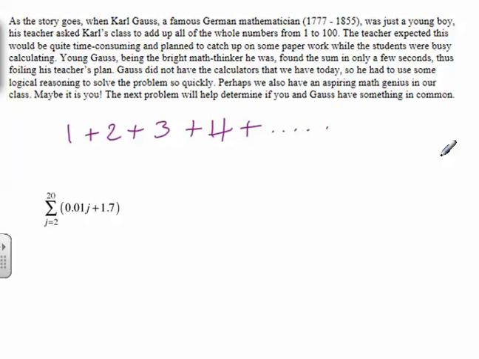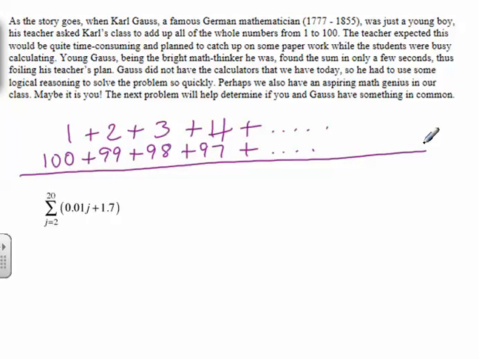And then he started drawing 51 and 52, 53, 54 backwards until he got down here and lined up 100, 99, 98, 97, and so on.